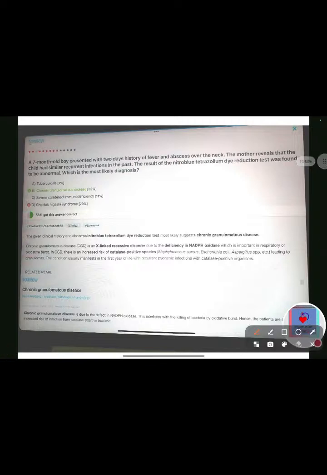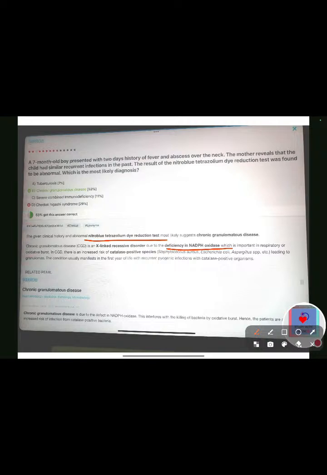The given clinical condition, with an abnormal nitroblue tetrazolium dye reduction test, suggests chronic granulomatous disease. CGD is an X-linked recessive disorder due to deficiency of the NADPH oxidase enzyme. This NADPH oxidase enzyme is important in the respiratory or oxidative burst.